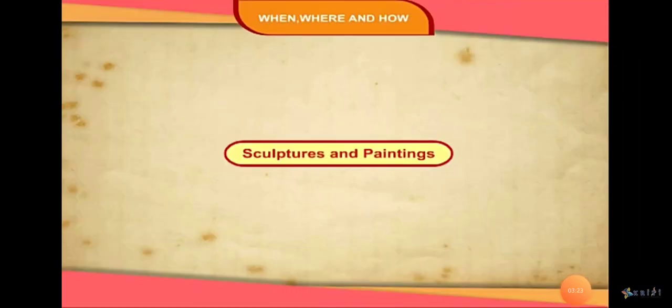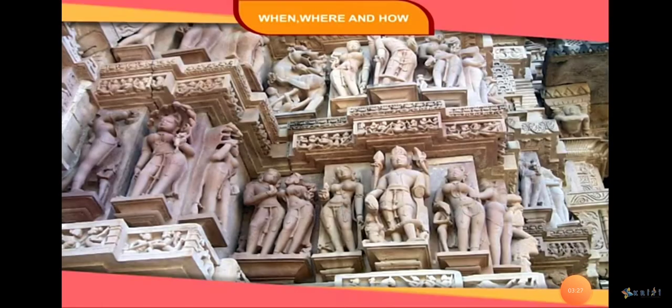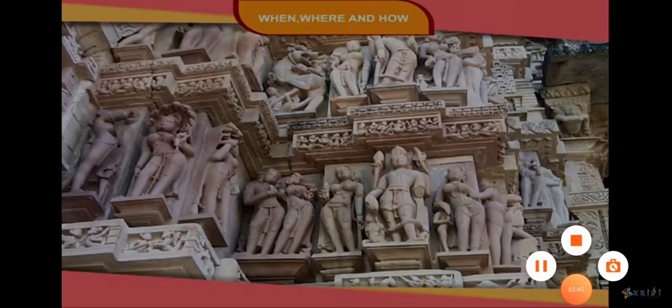Next is sculptures and paintings. Monuments were adorned with beautiful sculptures and paintings. The sculptures are mostly figures of kings, queens, gods and goddesses and were made of bronze, stones or wood. The most famous sculptures were the Chola bronzes.